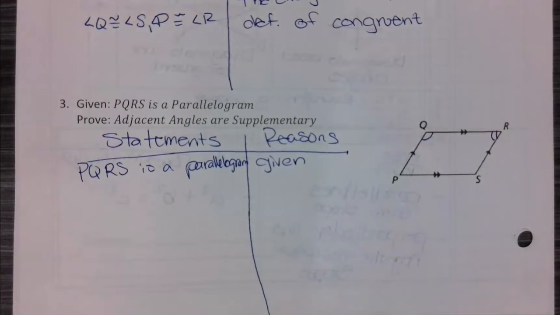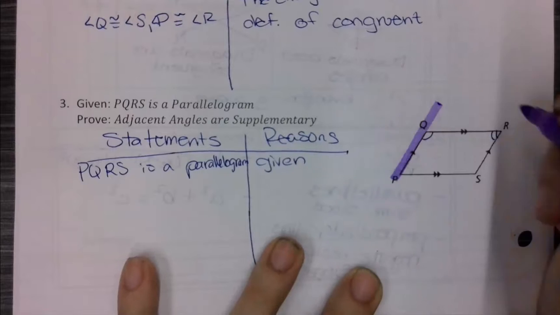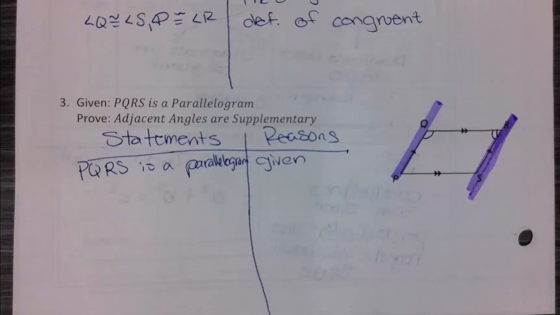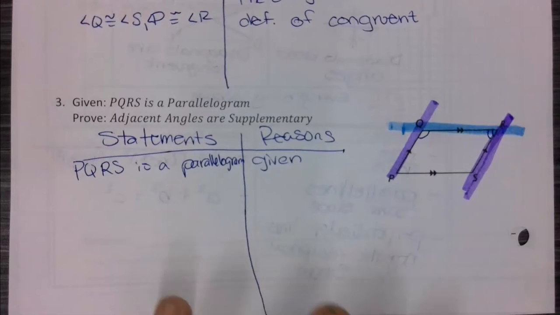Okay, so if I look at this parallelogram, the shapes we've been talking about for 2 weeks, so notice I have that one side of parallel lines, and then over here, I have this line. What does this kind of look like? What does it remind you of? Hopefully something.